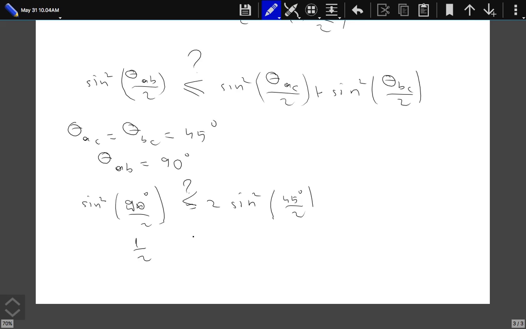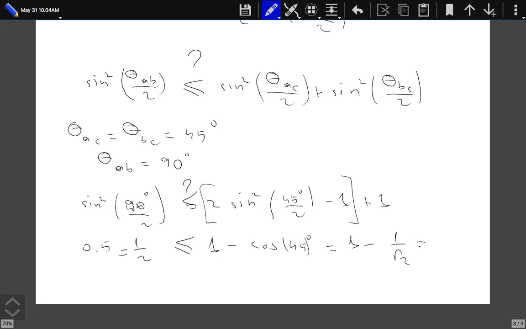This should be less than or equal to, let me subtract minus 1, add 1, this is 1 minus cosine 45 degrees, 1 minus 1 over square root of 2. The left-hand side is 0.5.